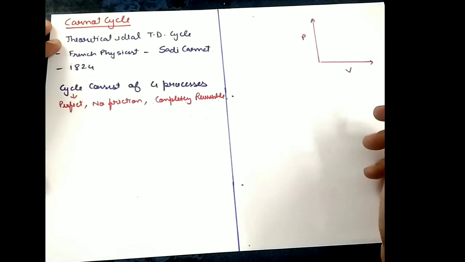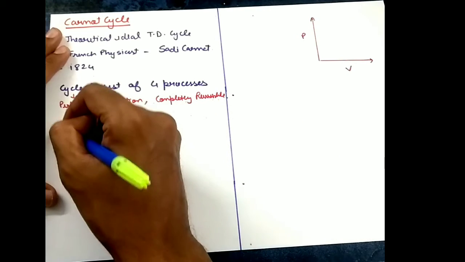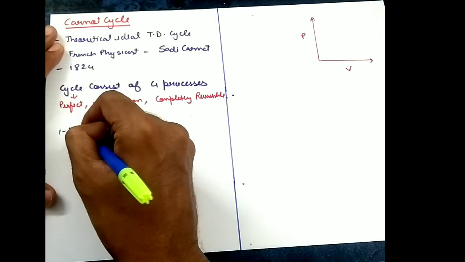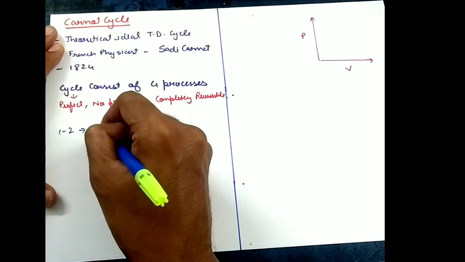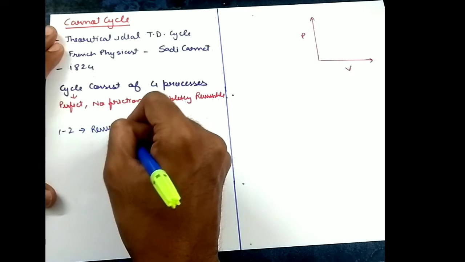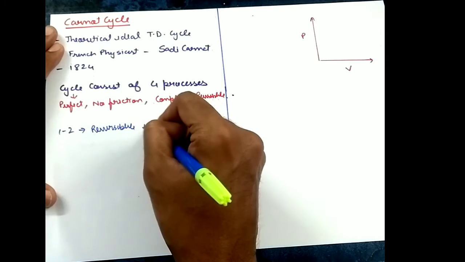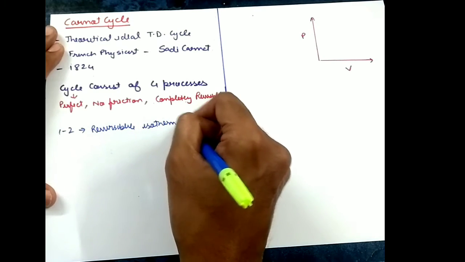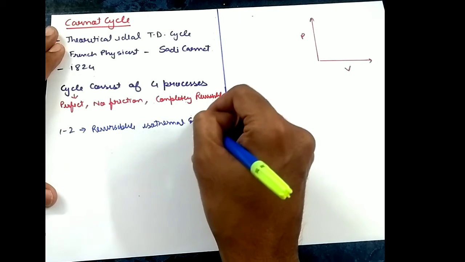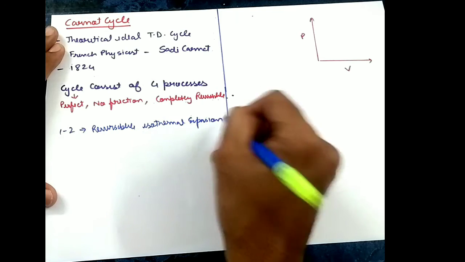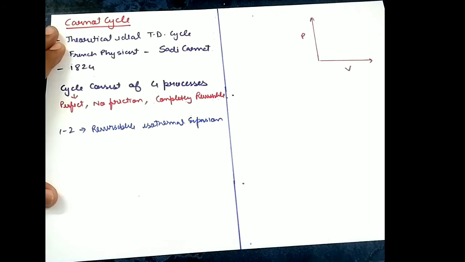I'll show this process from 1 to 2. So the 1 to 2 process is a reversible isothermal expansion process.